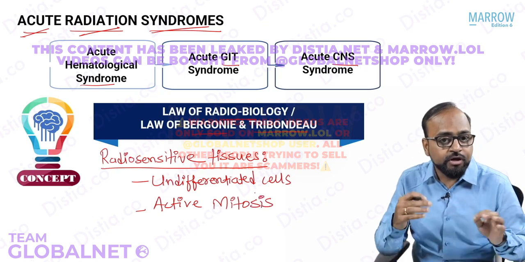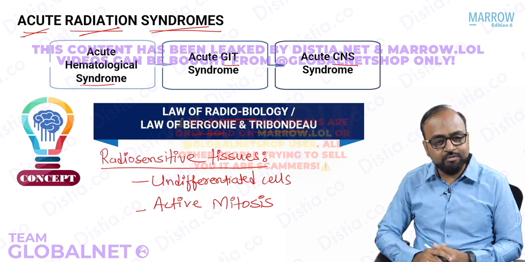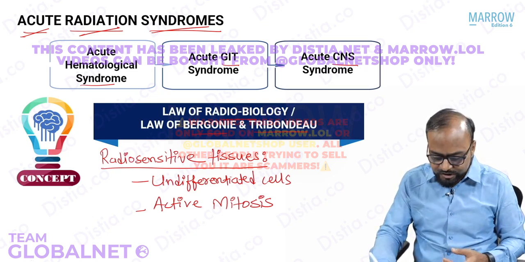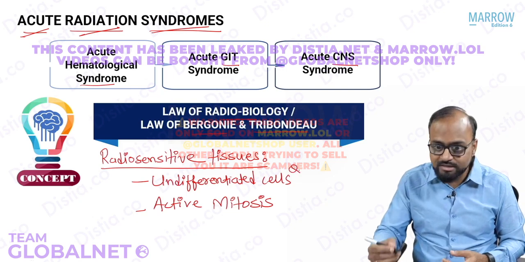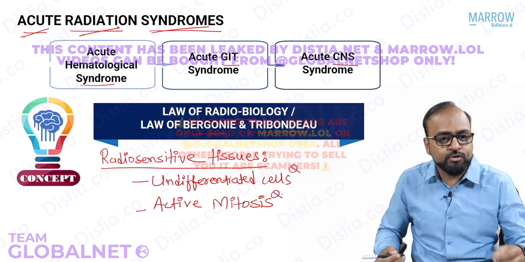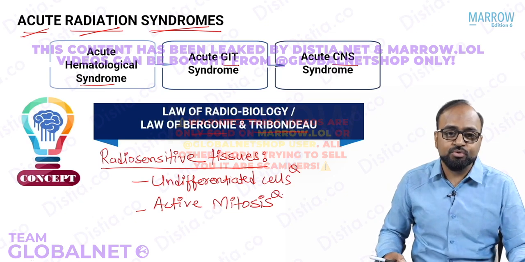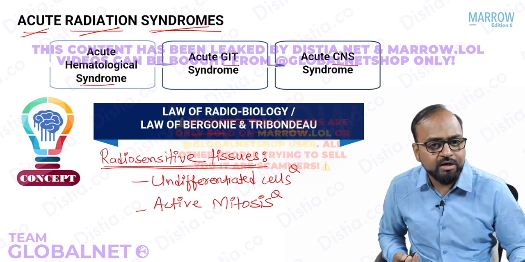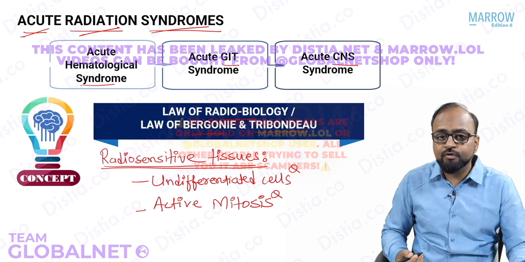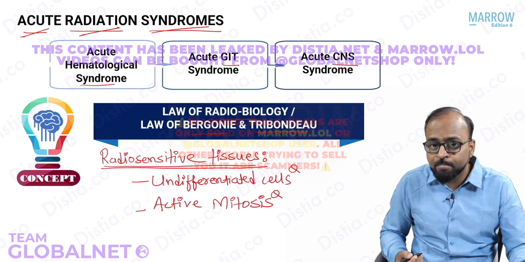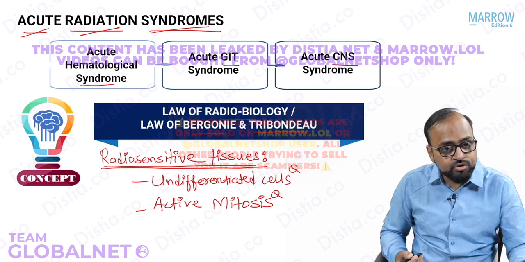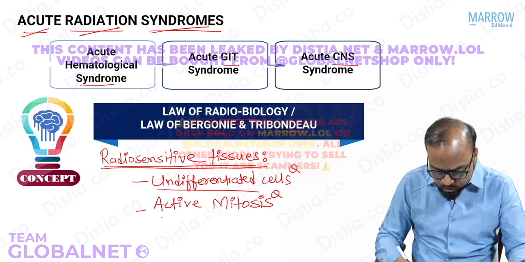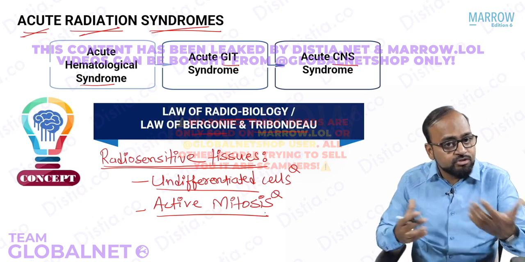Whatever tissue in the body has the maximum proportion of undifferentiated cells or cells in active mitosis, this is the tissue which will be very radiosensitive. So can you tell me which is one of the most radiosensitive tissues in the body? It is the bone marrow, because does bone marrow have undifferentiated cells, blast cells? Yes. Are these cells constantly dividing? Yes, hematopoiesis is going on.